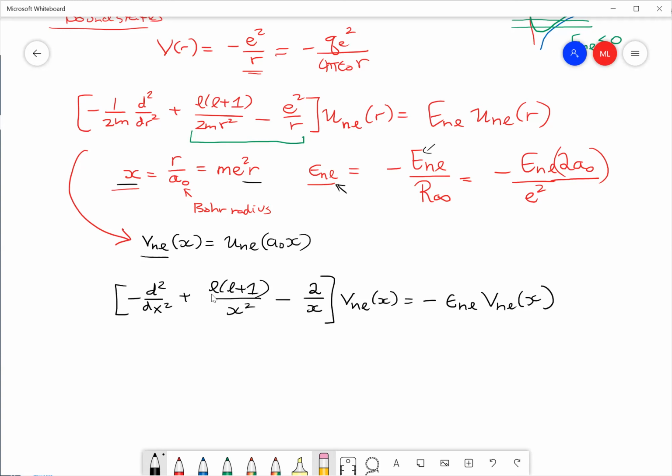And now instead of looking for negative energies, since we defined this epsilon with a minus sign, we're going to look for positive epsilons. So we'll have this condition as well. So this is the mathematics problem that we're trying to solve.